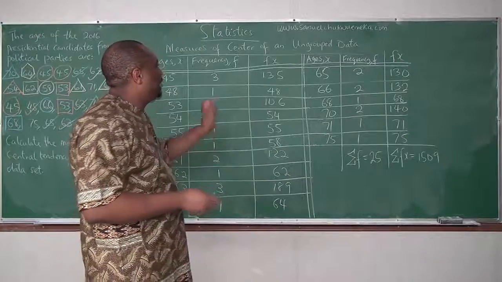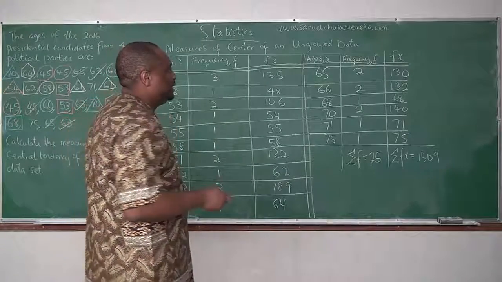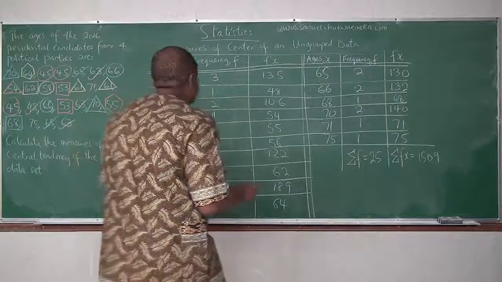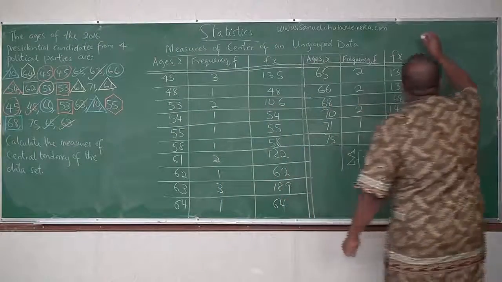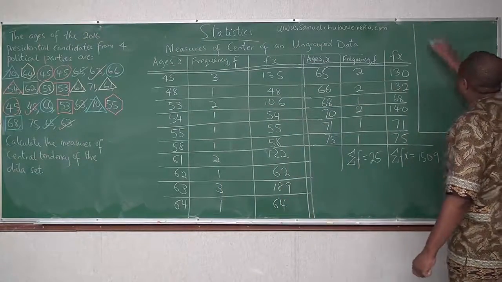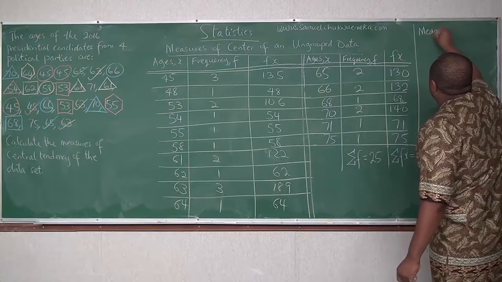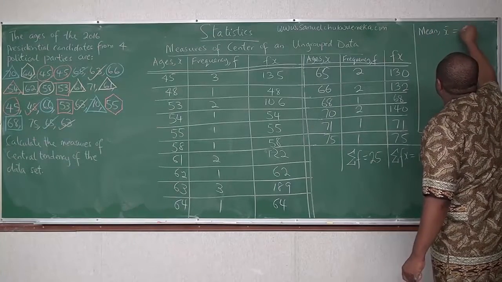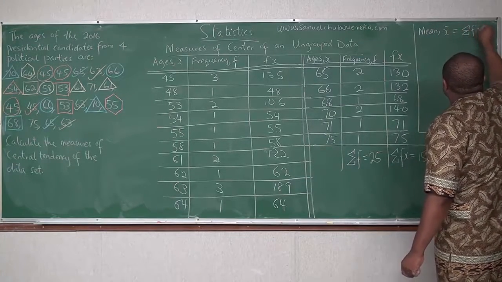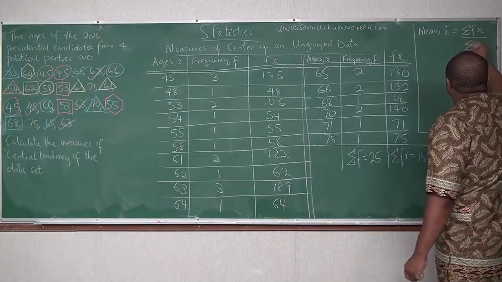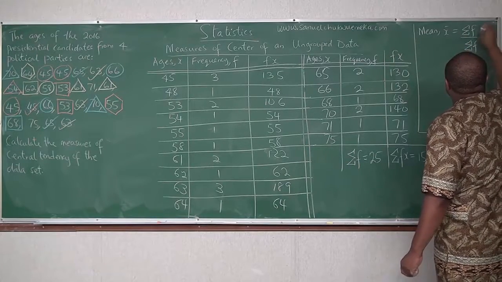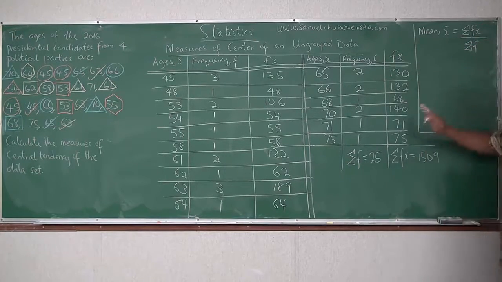So let's go ahead and find our measures of center. We see first that the mean, x bar, is sigma fx over sigma f. This is the formula for the sample mean.